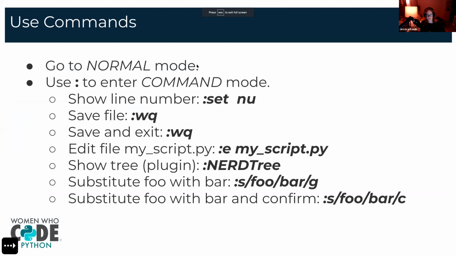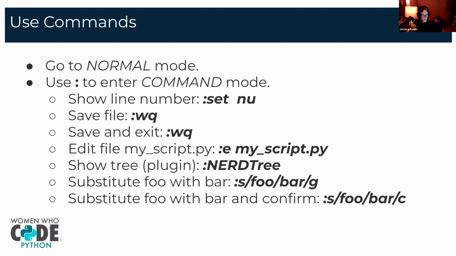Something where Vim really shines as well, on top of the shortcuts, is that you can run a lot of commands. There is a command mode, which you call from the normal mode. To enter it, you press a colon, then the command you want to run. There are a few for output here, for example. If you want to show the line number, you can do set nu.